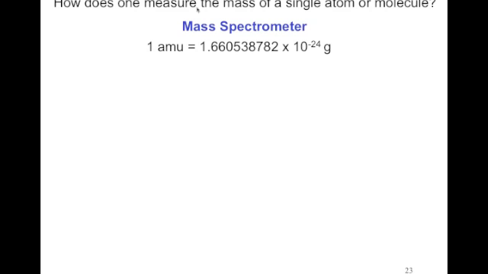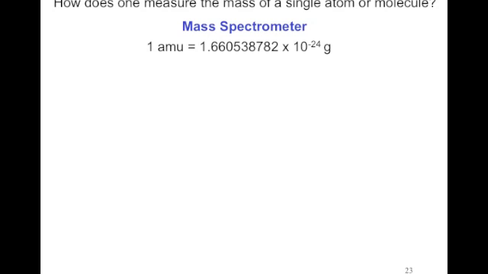Now, I want you to take a look at the digits here. So this is 1 times 10 to the minus 4th. This is 10 to the minus 25th, 26, 27, 28, 29, 30, 31, 32, 33. So this value is actually determined by using the electromagnetic force instead of the gravitational force.